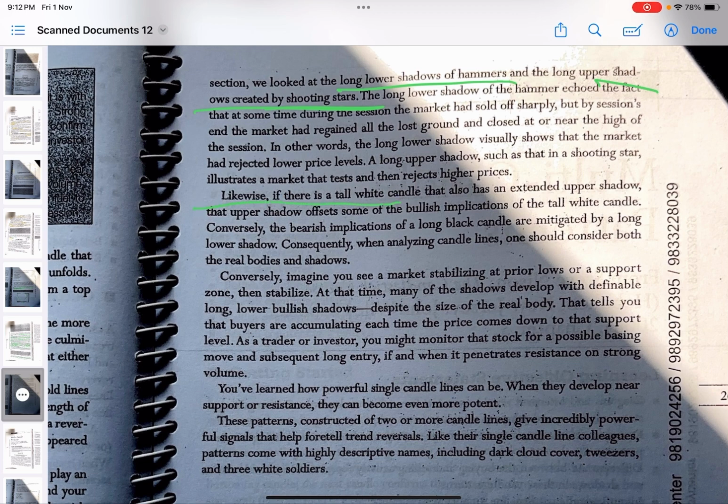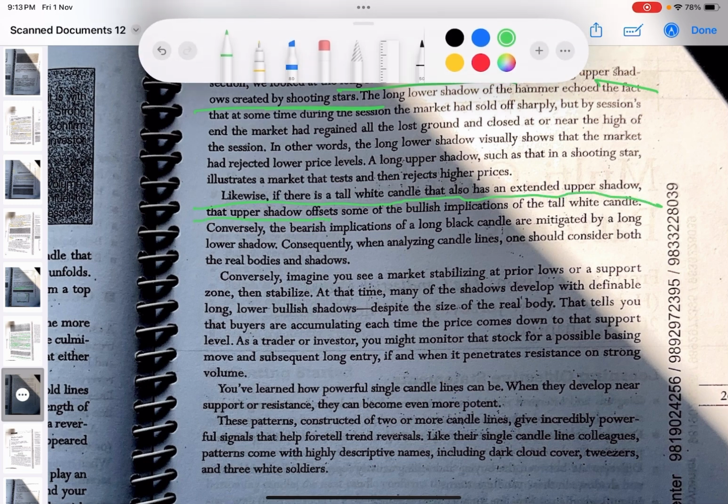Likewise, a tall white candle that also has an extended upper shadow offsets some of the bullish implications of the tall white candle. Conversely, the bearish implications of a long black candle are mitigated by a long lower shadow. If there is a big red candle but at the same time a big wick, this makes it less bearish.